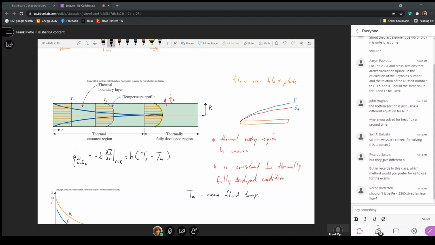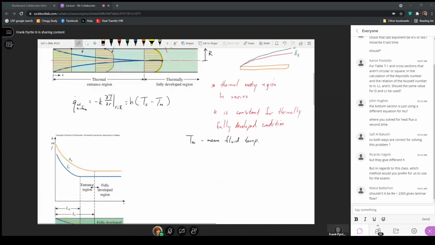Well, when we get to the thermally fully developed condition, h is a constant. In the thermal entry region length, which is from x equals 0 to whatever that length is, the heat transfer coefficient varies from an infinite value, like it does for flow over a flat plate, and then it becomes a constant when this thermal boundary layer grows together, so that the shape of the temperature profile becomes a constant.